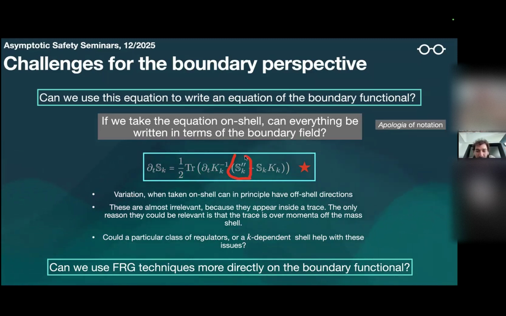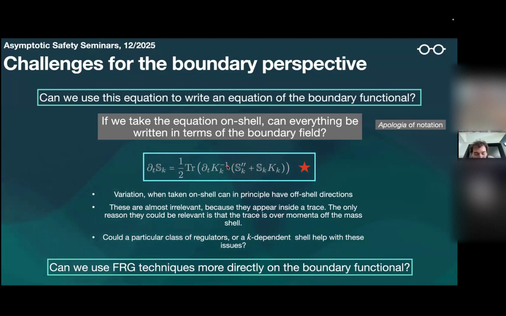Because these functional derivatives here we're taking with respect to a bulk field. So in principle, whenever I take these variations and then evaluate them on an on-shell configuration, I can have some directions that are off-shell. So in principle, this derivative here, this Hessian, knows about the off-shell information of my theory.